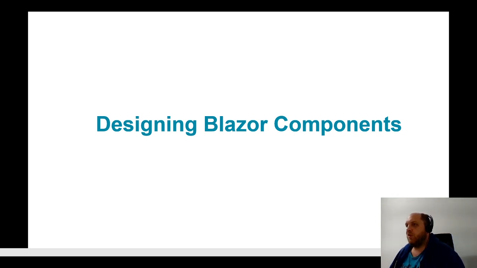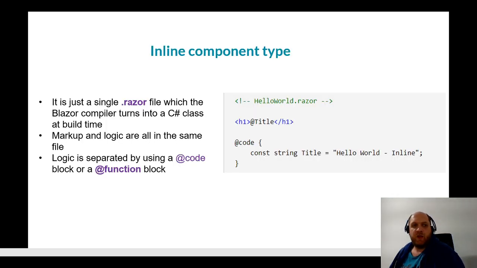When it comes to designing Blazor components, we have basically three different ways through which we could design our components. The first way is to create inline components.